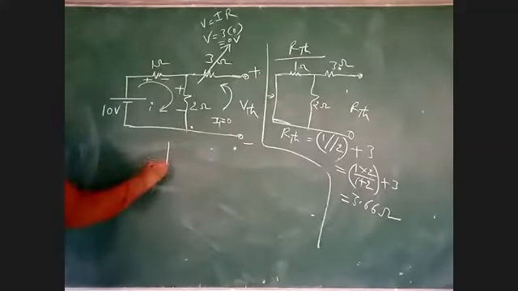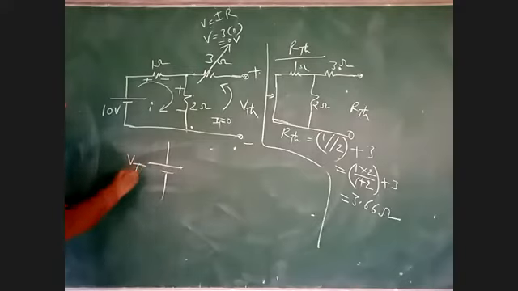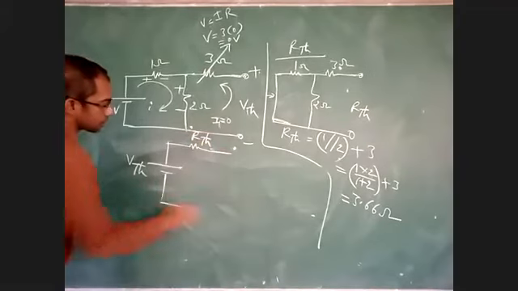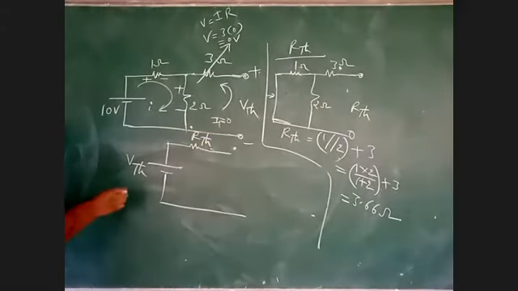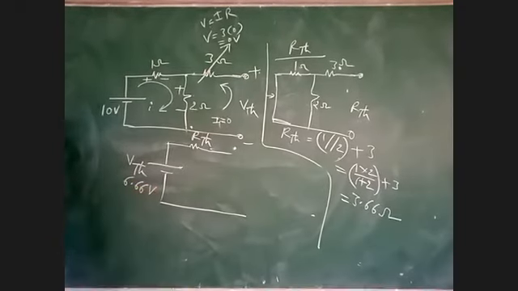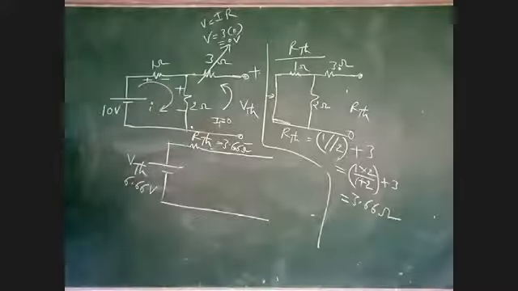Now your equivalent circuit is, how much did you get VTH? 6.66. Okay, this is your equivalent circuit.